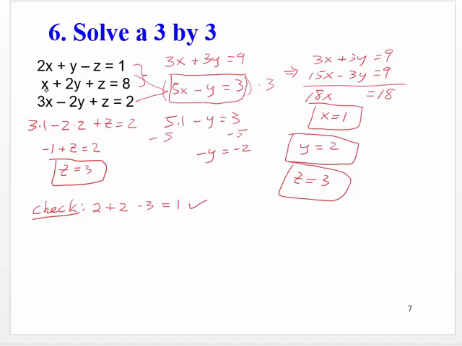This equation, we plug in 1 for x, we get 1, plus 2 for y, we get 4, plus 3 for z. Okay, 5 plus 3 is 8. So far, so good. Let's do this last one. We have 3, plugging in 1 for x, minus 4, plus 3. And that's 6 minus 4, or 2. And we got our solution.